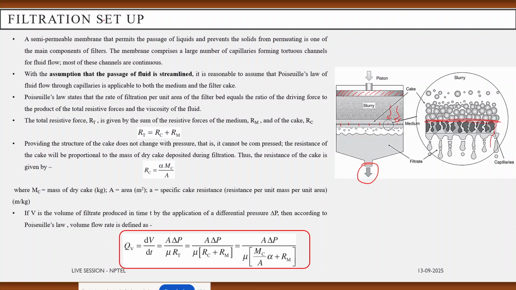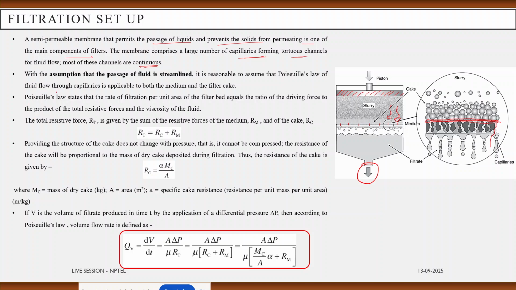Now what is written here is that a semi-permeable membrane that permits the passage of the liquid and prevents any solid particles from permeating is one of the main components of the filter. The membrane comprises a large number of capillaries forming tortuous channels for fluid flow, and most of these channels are continuous.